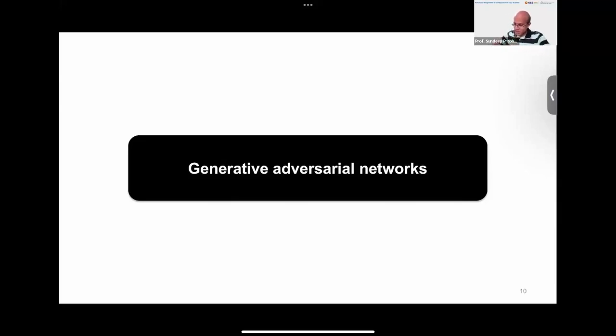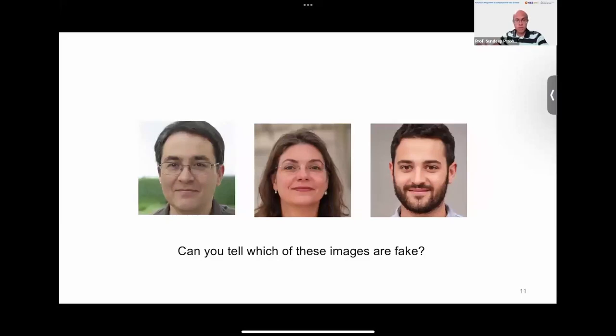Now, before we proceed further, let's do a simple exercise. I want you to answer this question in the chat window. There are some images that I've put here. I want you to let me know if these images are fake or real, and if so, which of them do you think is fake?